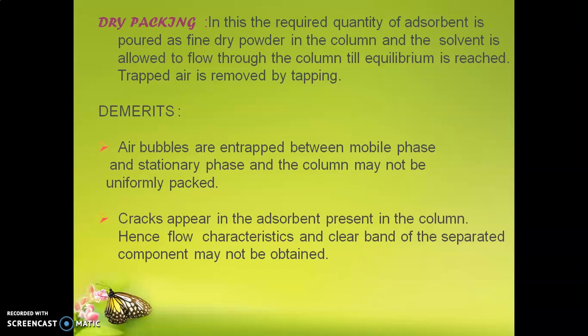Trapped air is removed by tapping. The demerits of dry packing are that air bubbles are entrapped between the mobile phase and the stationary phase, and the column may not be uniformly packed. Another demerit is that cracks appear in the adsorbent present in the column. Hence flow characteristics and clear bands of separated components may not be obtained.